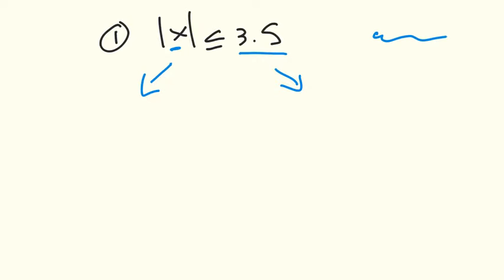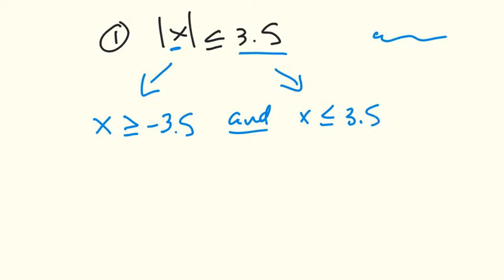So x has got to be greater than or equal to negative 3.5, right? And actually, I'm sorry, I shouldn't say either, it's and: x has to be less than or equal to positive 3.5.